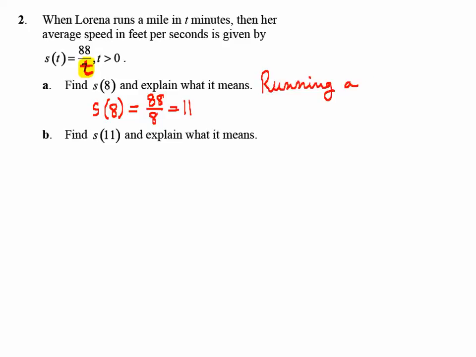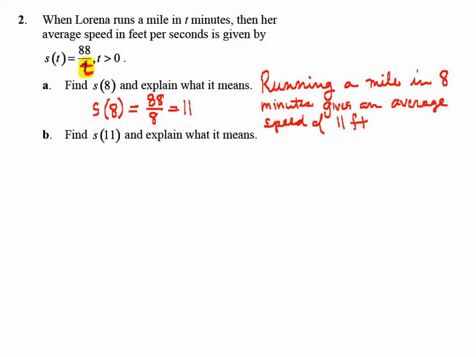Running a mile in 8 minutes gives an average speed of 11 feet per second. See if that makes sense. And again, we're just making sense of the numbers here. So 8, if you go up here, T stood for how fast that person can run a mile, and the S, the answer, stood for their average speed in feet per second.